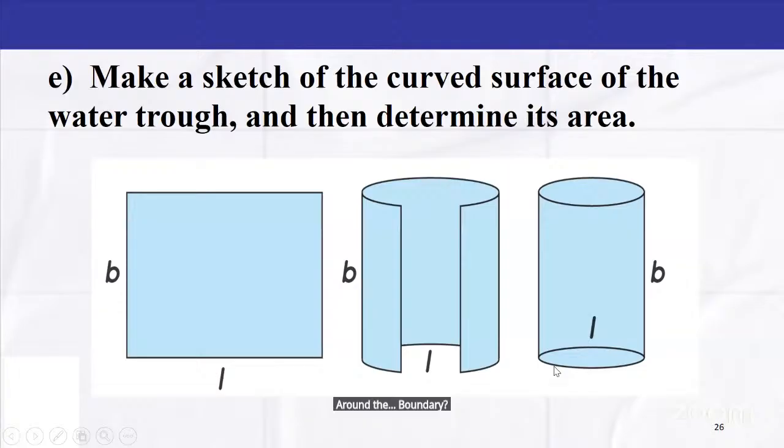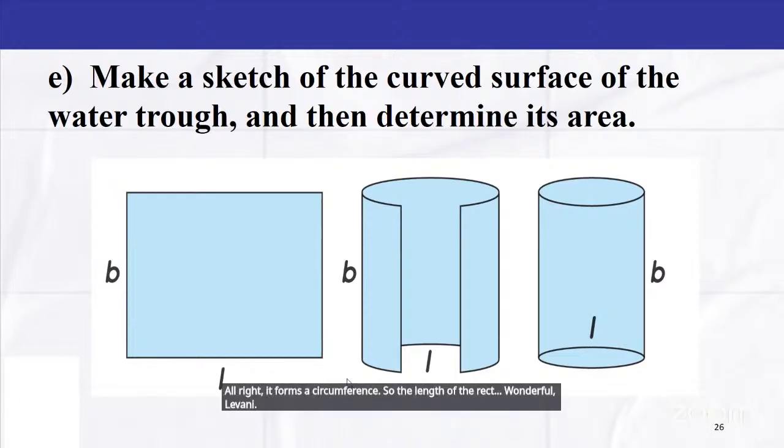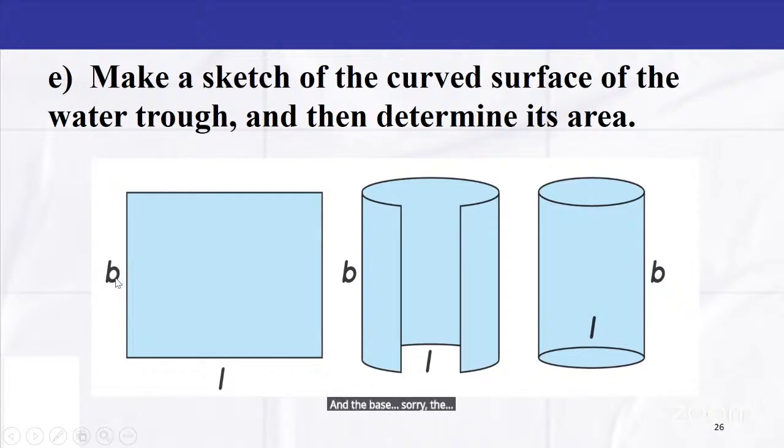Boundary. Can you give me another name? All right, it forms a circumference. Devon Smith says, is it the circumference? Wonderful, Devon. Thank you. So the length becomes the circumference of the cylinder, and the breadth or width of the paper becomes the height of the cylinder.